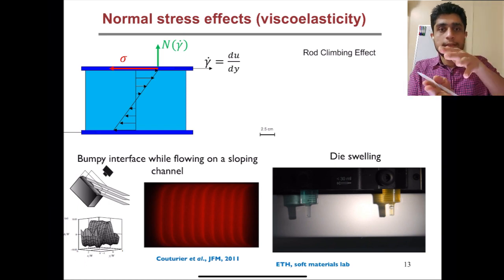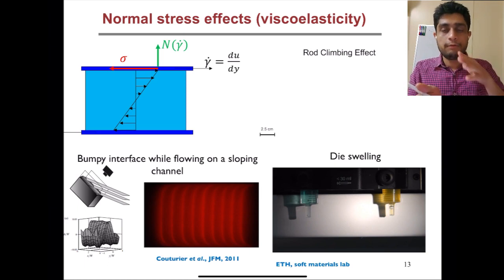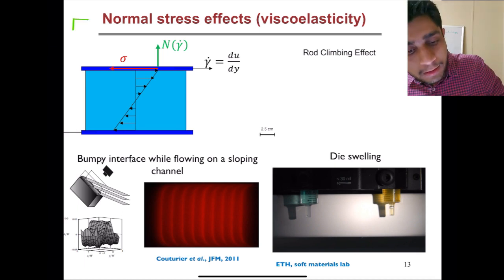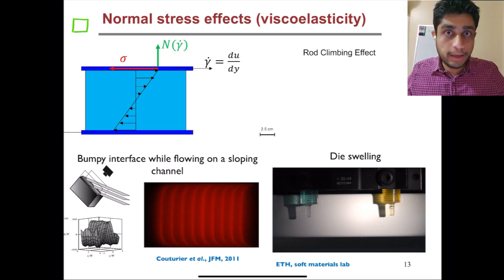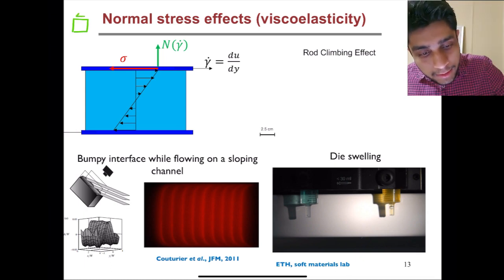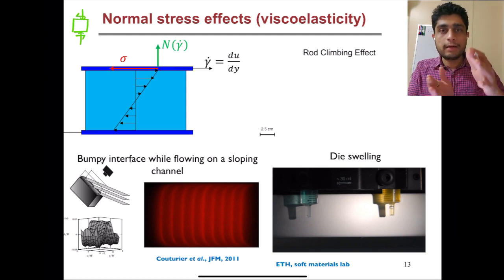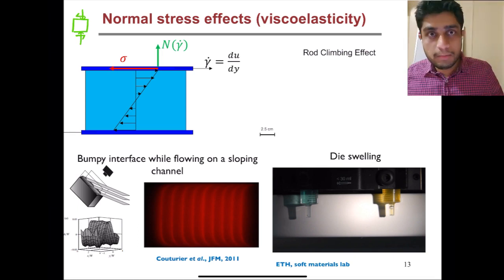Then if you are applying a shear rate, we just expect to have shear stresses in that fluid and no other stresses. So if you remember, if we draw a fluid element, then in addition to shear stresses, there can be normal stresses acting on the fluid element as well, right? So a typical property of non-Newtonian fluids is that if we apply a shear rate, in addition to the shear stresses, there are non-zero normal stresses as well.